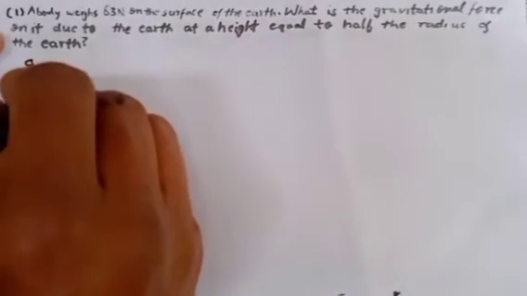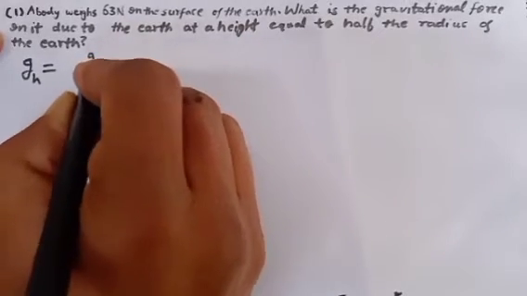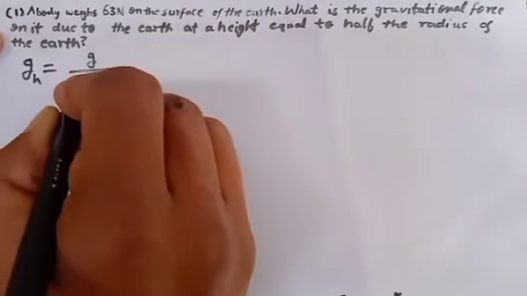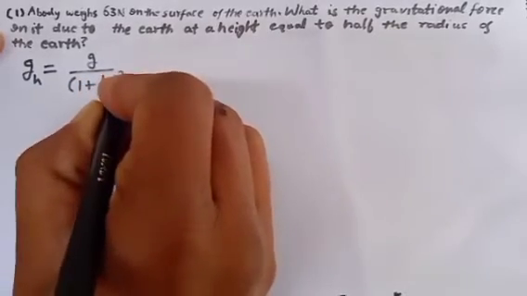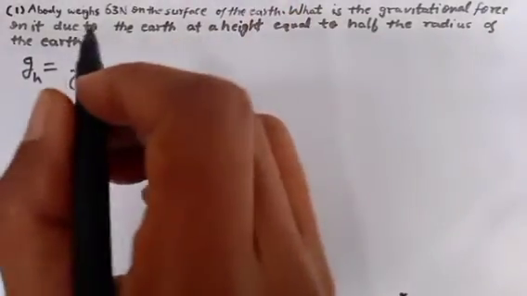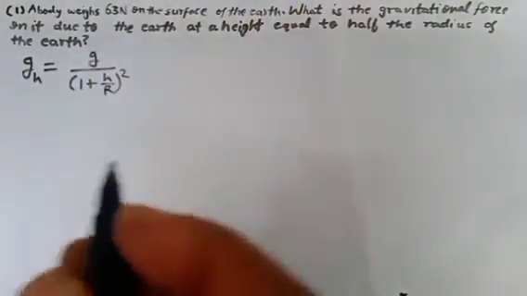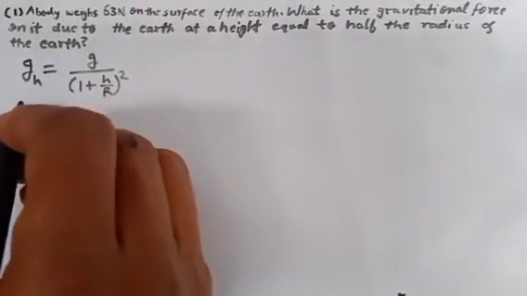So we know that g_h above the surface of earth is given by g upon (1 plus h by R) whole square. Well, they have given weight of the body, so there's no issue. We can multiply both sides with mass.